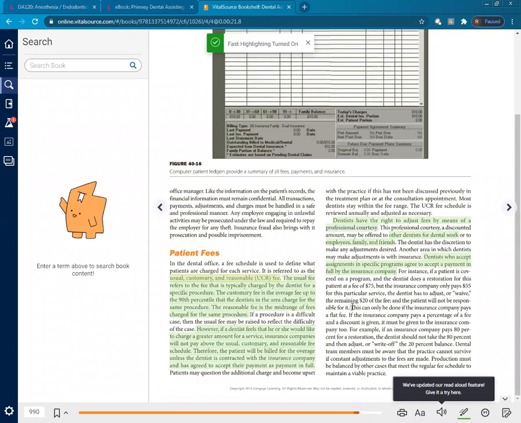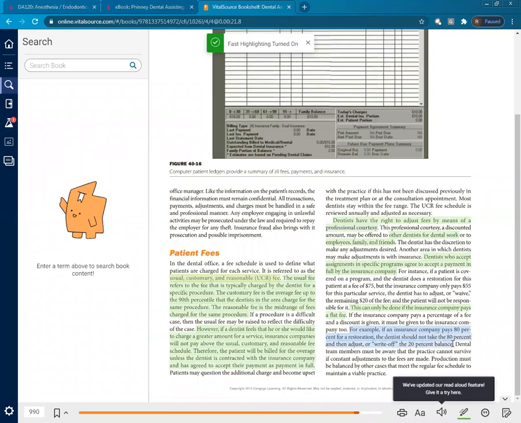This can only be done if the insurance company pays a flat fee. If your insurance company pays a percentage and a discount is given, it must be given to the insurance company too. For example, if an insurance company pays 80% for a restoration, the dentist should not take the 80% and then adjust or write off the 20% balance.